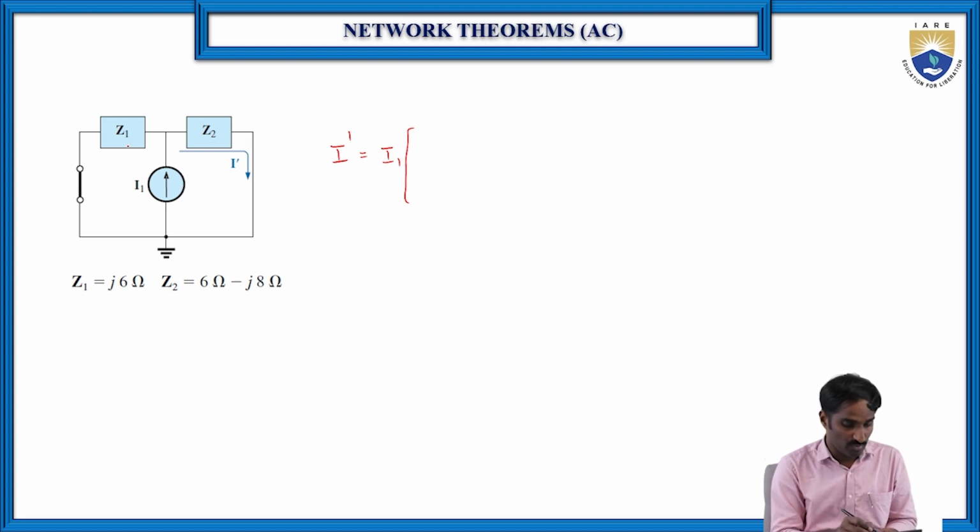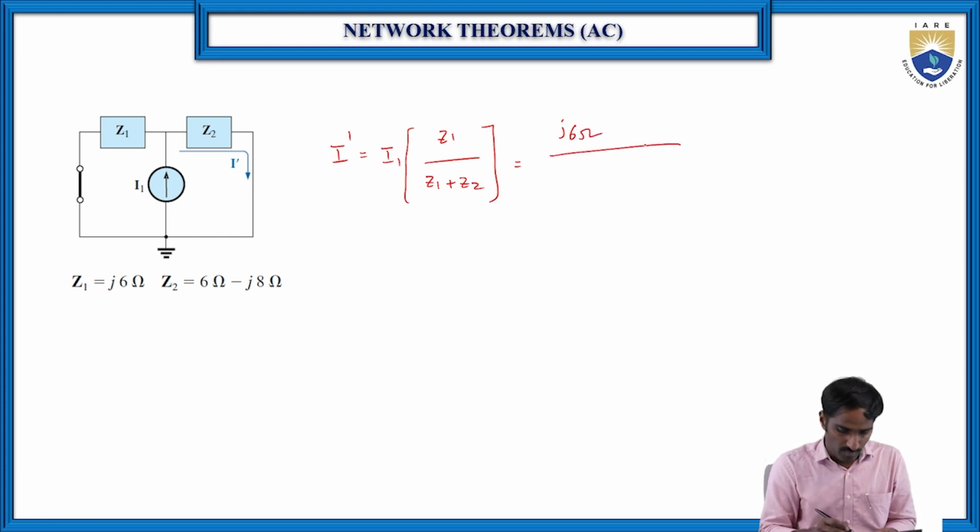the opposite impedance, which is Z1. So Z1 by Z1 plus Z2. Right. So if you substitute the values, Z1 is j6 ohms, by j6 ohms plus Z2, which is 6 ohms minus j8 ohms, into I1.